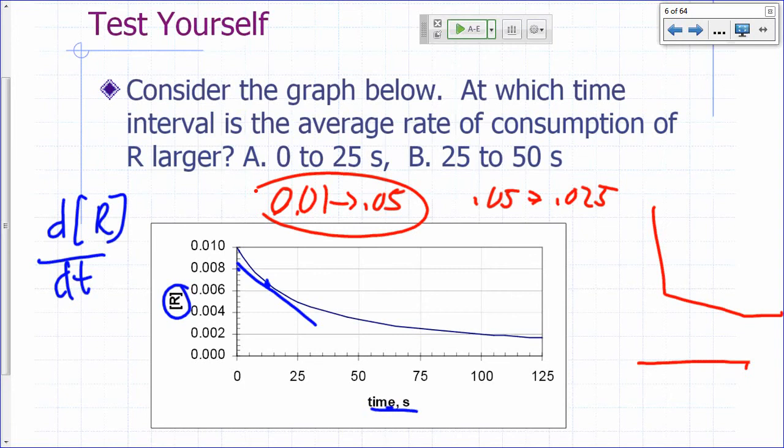The average rate would just be the difference in concentration between 2 points divided by the elapsed time. But for any given instant, if you want the instantaneous rate, then you have to imagine from that particular point a very small advancement in time and get the rate for that small advancement in time. And that's called your derivative. Okay?